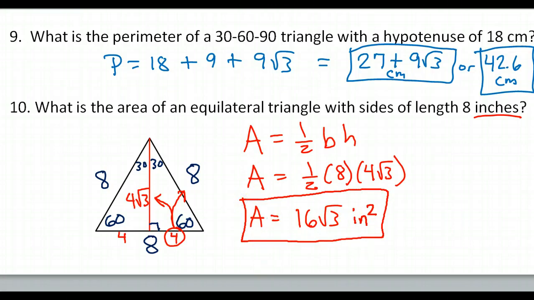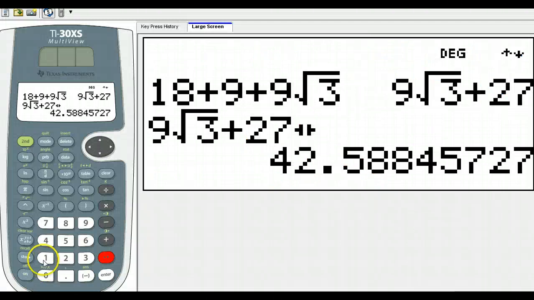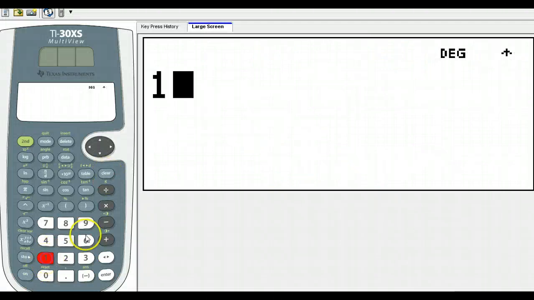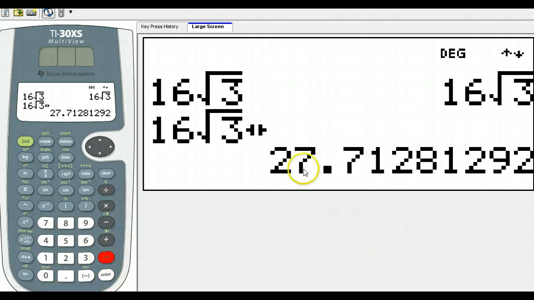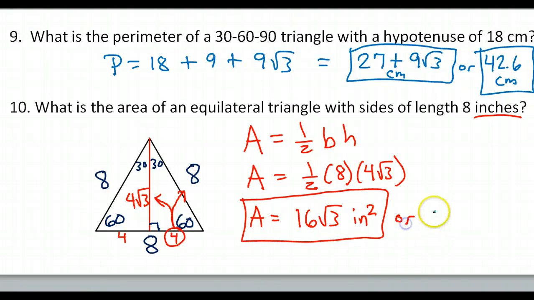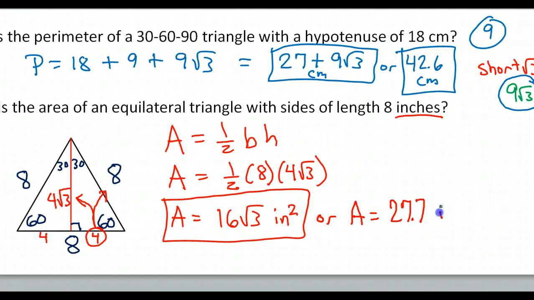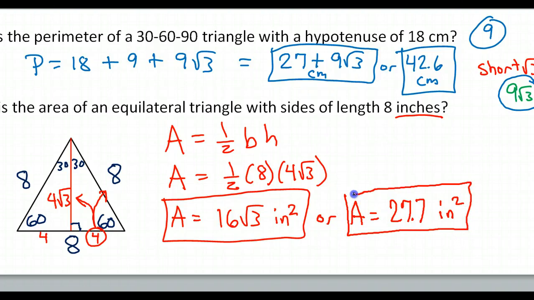Or of course, if I wanted a decimal, all right, that's 27.7 square inches. Okay, that is it for this assignment.